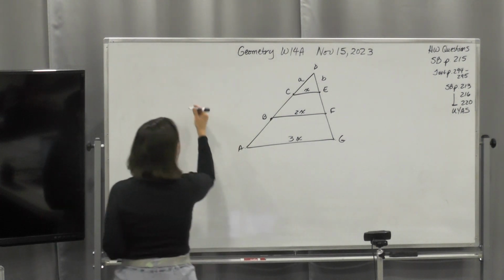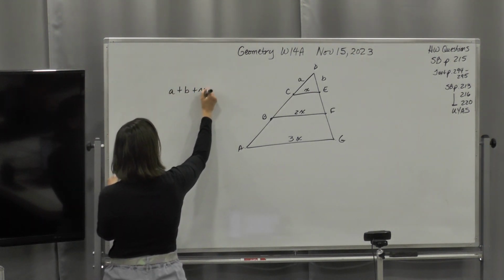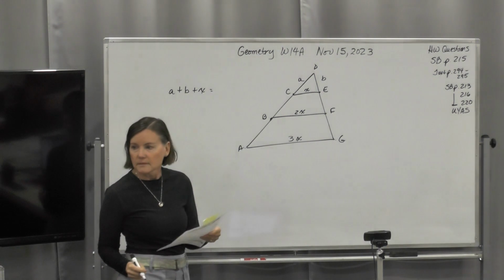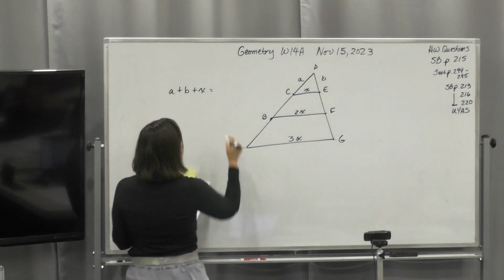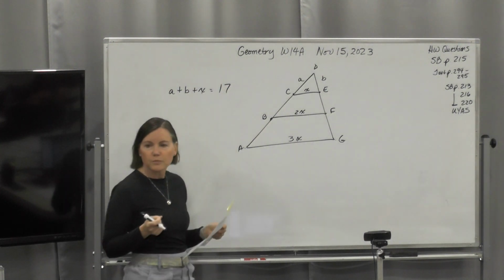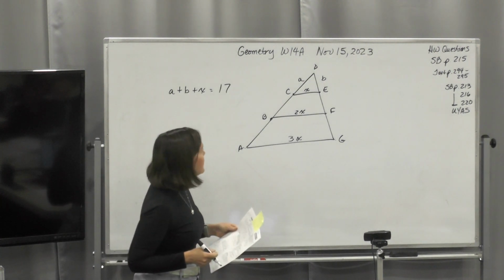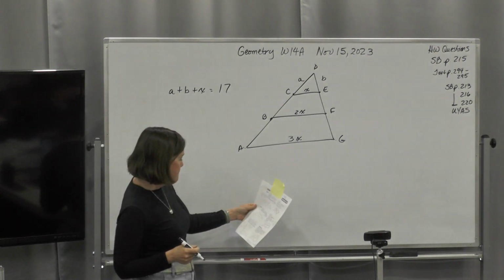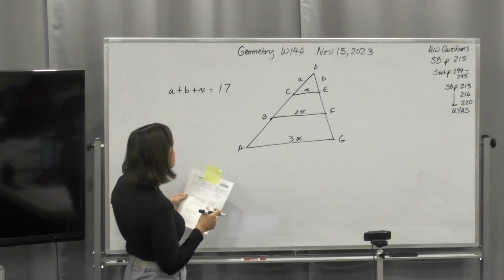So I could say that A plus B plus x is equal to what? What did they tell me? 17. I have actually not found a way to do this without algebra. If anybody ever has, I always challenge people: if you can find another way to puzzle your way through this, there's probably a way to do it if you have nice numbers.